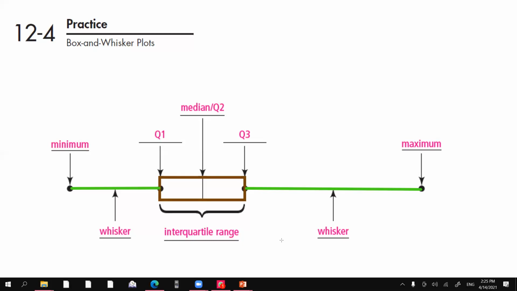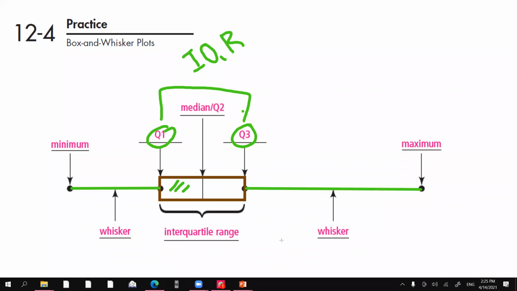And we said before, in order to find it, first I need to find the Q2 or the median. Then the median of the first part, when I cut it, I will find the Q1, and the median of the second part, I will find the Q3. And when I subtract them, Q3 minus Q1, I will have the IQR, or we call it interquartile range.